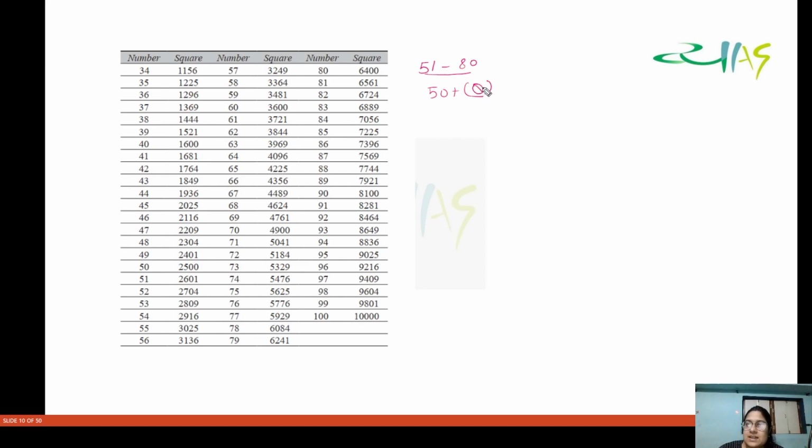We will take the square of this x, and whatever will be the last two digits, we will write them as our square. Whatever will be the carryover, we will add into this number x, plus we will add 25 to it and we will get our square. So this is the method. Now let's see the square for other numbers as well.